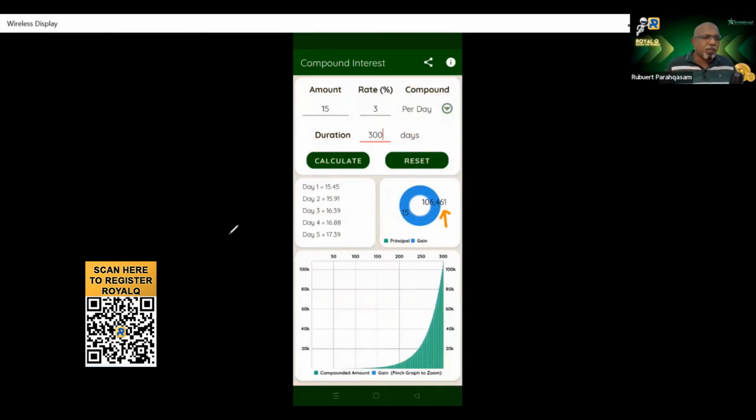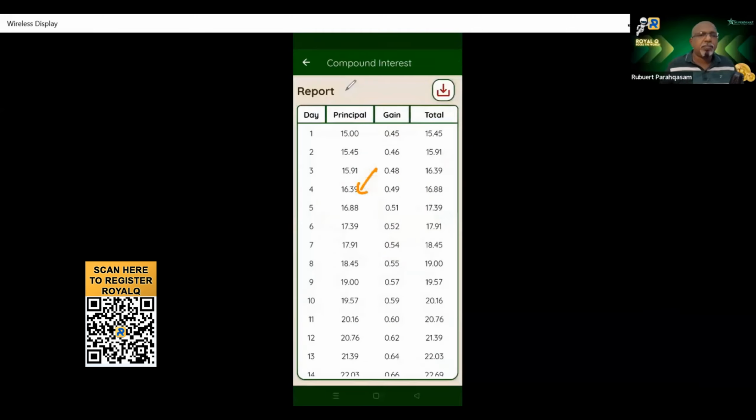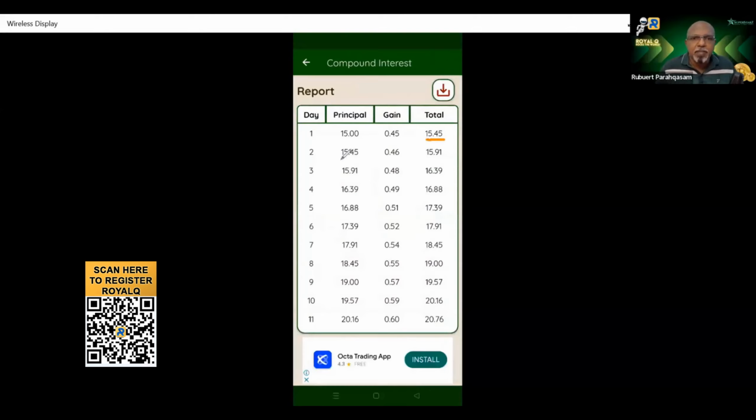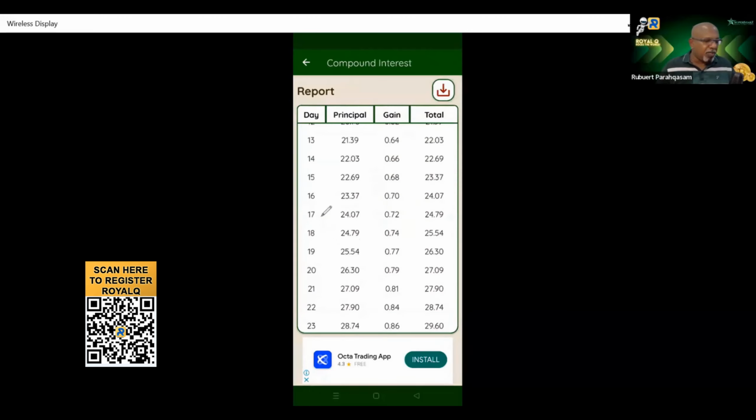$106,000. Now let's see how it grows. You can just tap here. Your first profit is only $15.45. And we take that, we compound it. You make $15.91. You take that and you compound it. You make $16.39. You take that and you compound it. You make $16.88. You guys understand this, yeah? Now let's take a look at what happens after you've done about 20 trades.